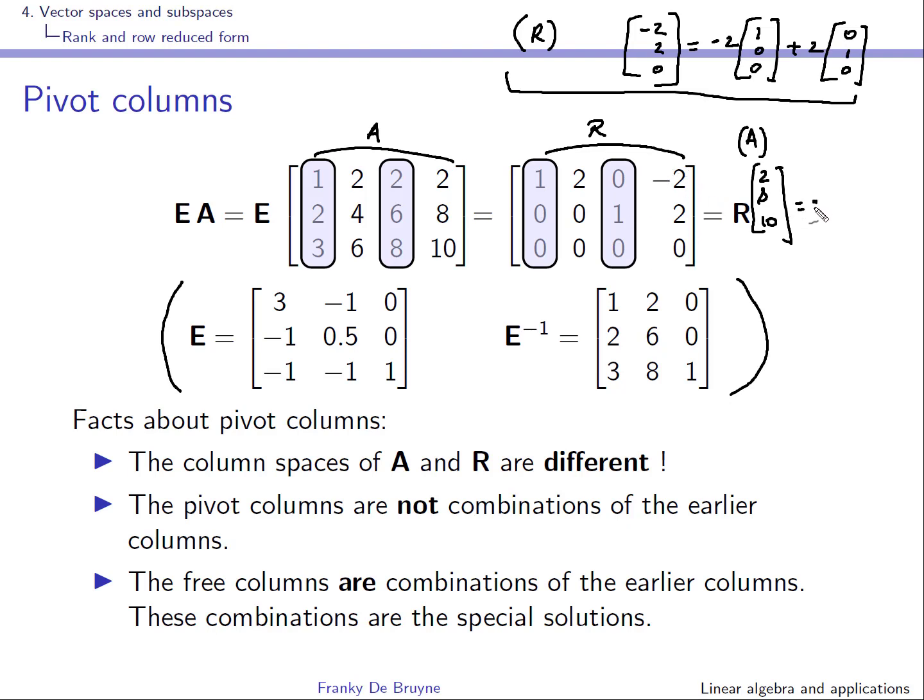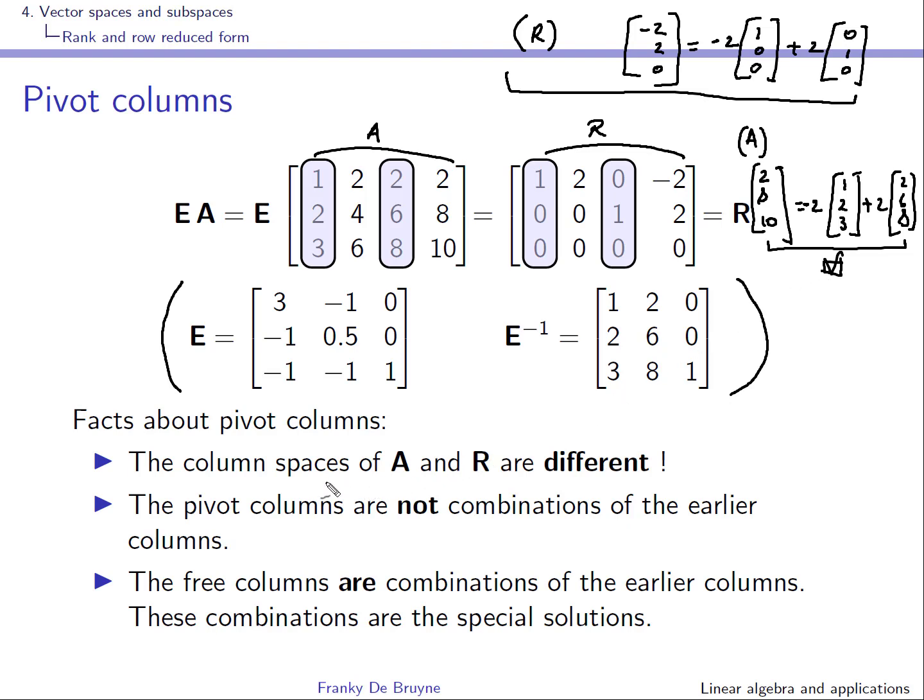It's minus 2 times the first column of A plus 2 times the third column of A. Okay, so these are the two pivot columns. Okay, and here there's a minus, of course, because there is a minus over here. And indeed you have 2 is equal to minus 2 plus 4, 8 is equal to minus 4 plus 12, and 10 is minus 6 plus 16. So indeed this is correct.